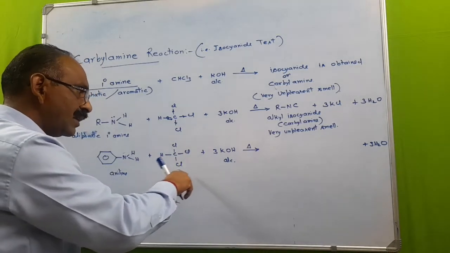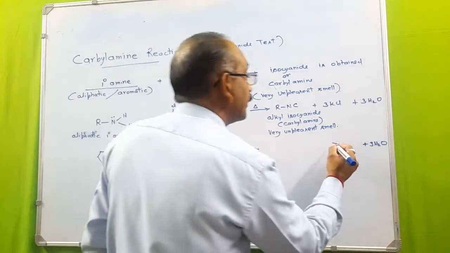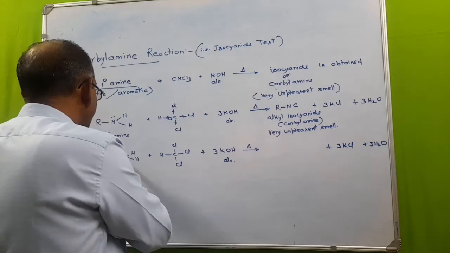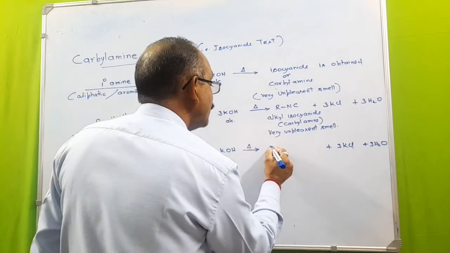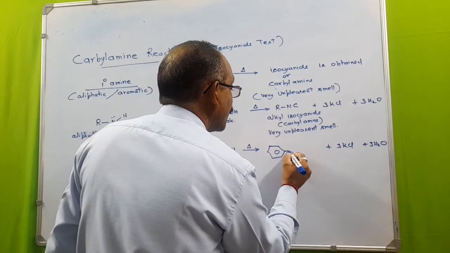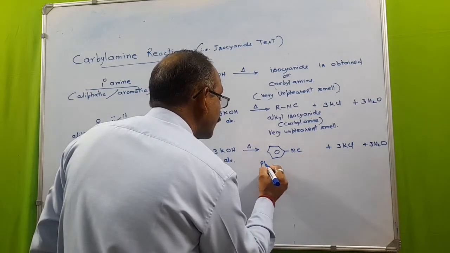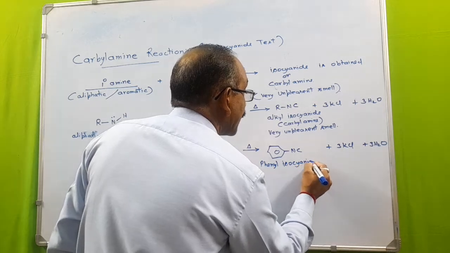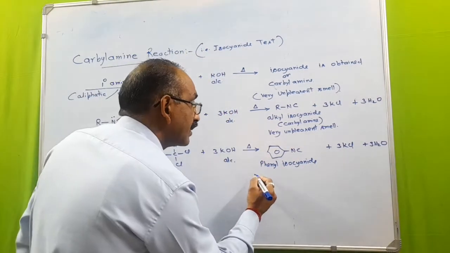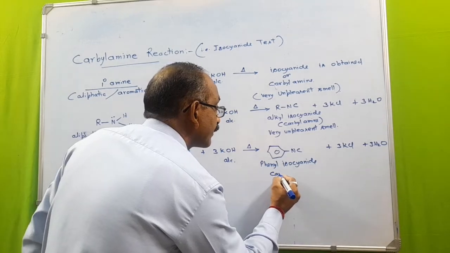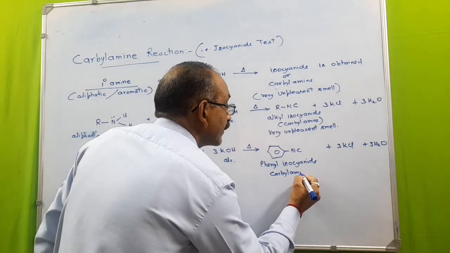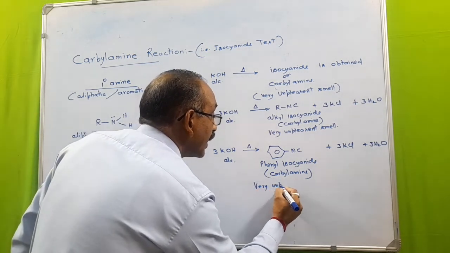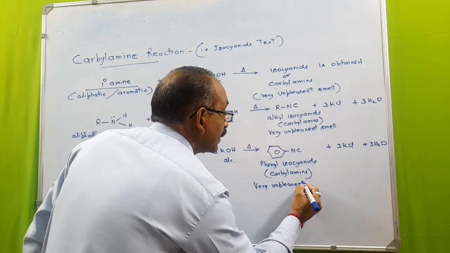Now these 3 Cl minus will come out with the K plus in the form of 3 KCl, and now the remaining nitrogen and carbon will form bond, and we will get here phenyl isocyanide or carbylamine. This one also has very unpleasant smell.